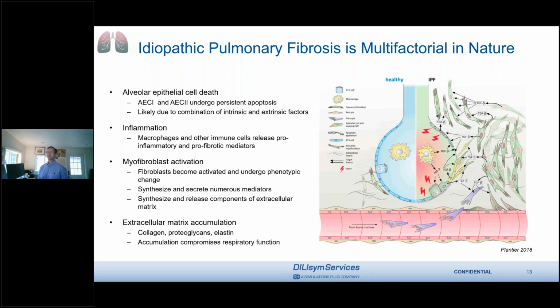And so we have that cellular senescence in addition to some extrinsic factors that push the apoptosis that then help provide, again, a perpetual stimulus for the inflammation, for the myofibroblast activation, and ultimately the extracellular matrix accumulation. And so, many potential opportunities to intercede with treatment and minimize the pathophysiology.